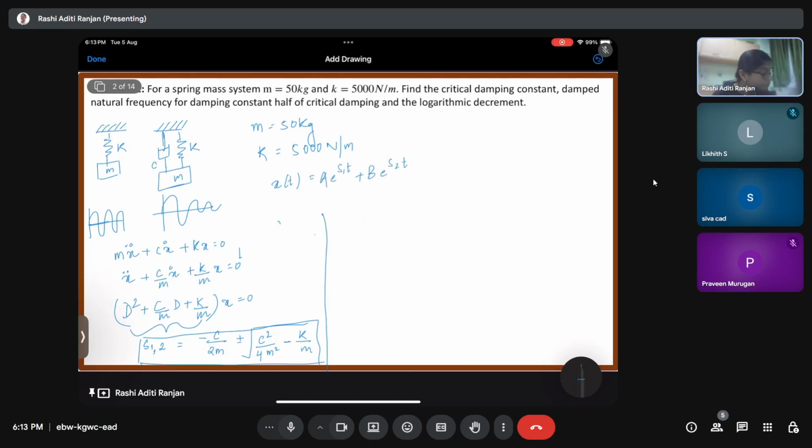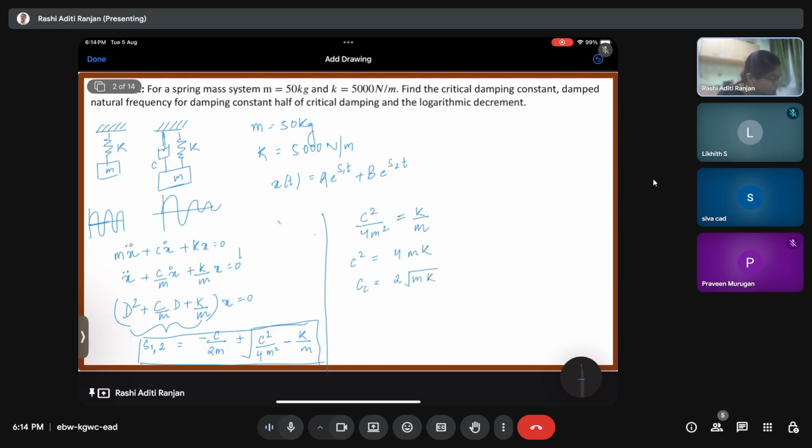Okay. So if I write c square by 4 m square is equal to k by m, what do I get? C square is equal to 4 m k. C is equal to twice of under root m k.